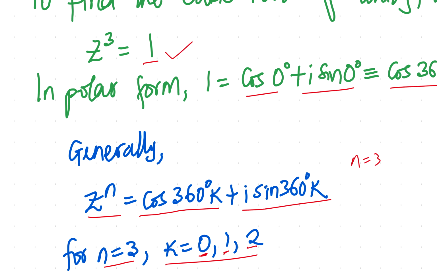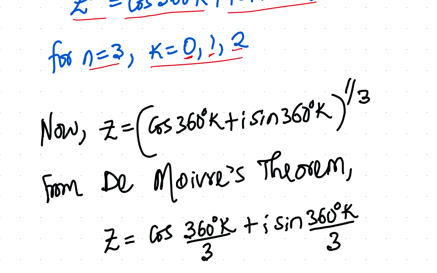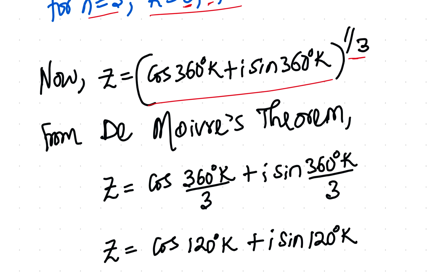Now, since we already know that z cubed equals 1, and this is technically 1, we have z equals cos 360 degrees k plus I sine 360 degrees k, raised by 1 over 3. So now De Moivre's theorem can kick in. From the theorem, you multiply angles.